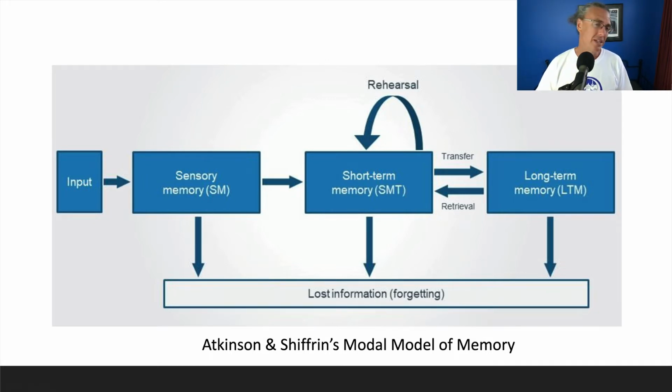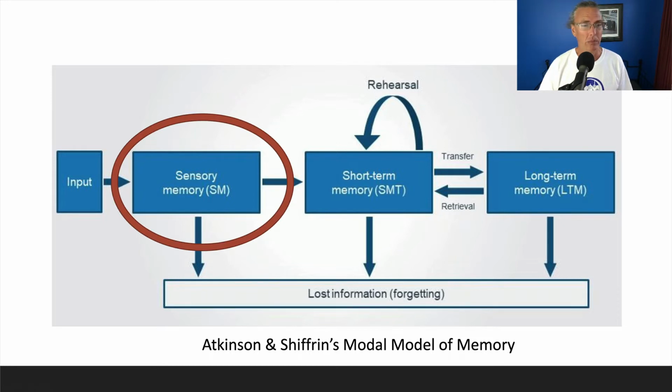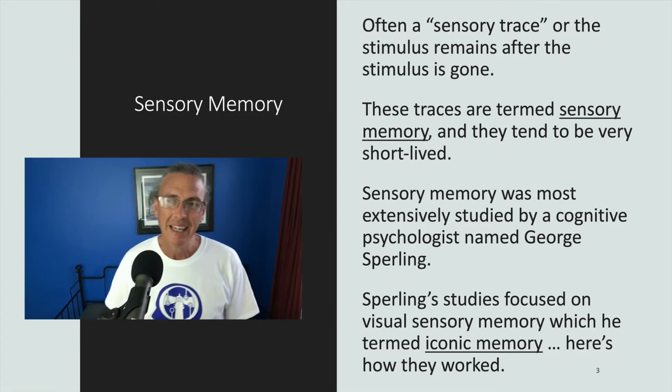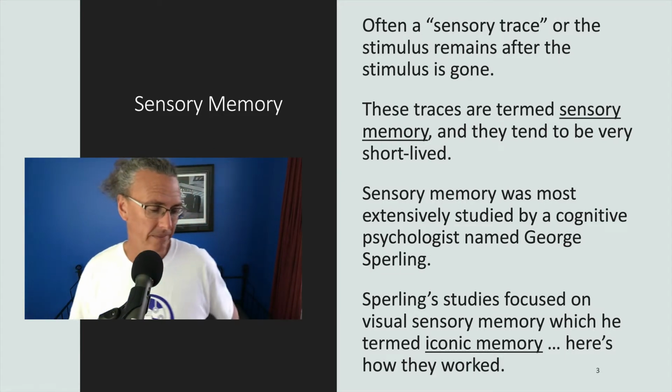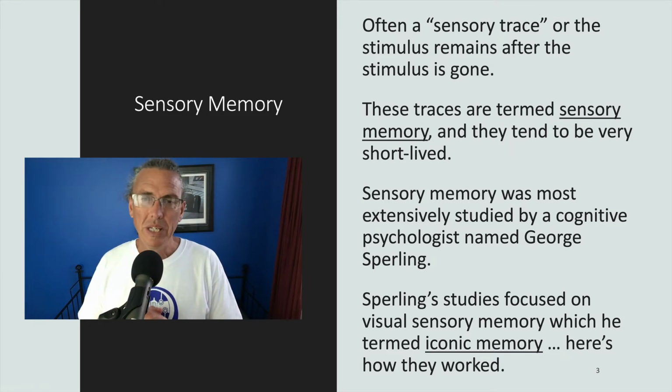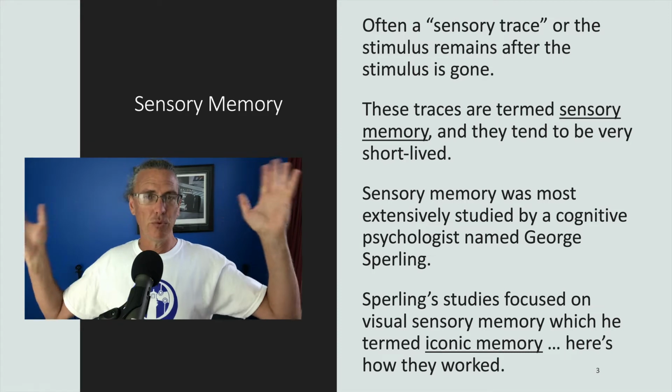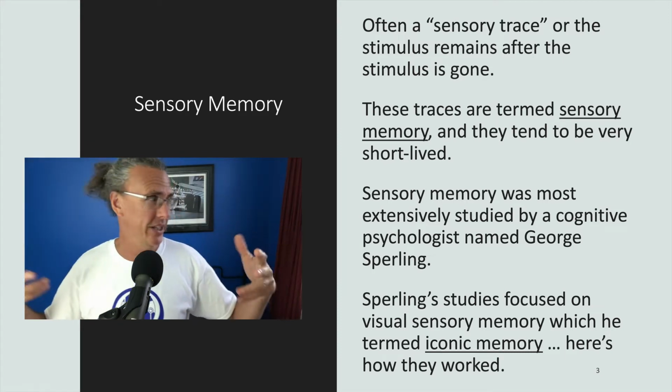Okay, so let's jump in. We're going to focus on sensory memory for this lecture, one of the early and we think most simple memory systems, but a very cool one as well. This is the interesting notion. We sometimes feel like we have a sense of reality, like all of reality that's around us.